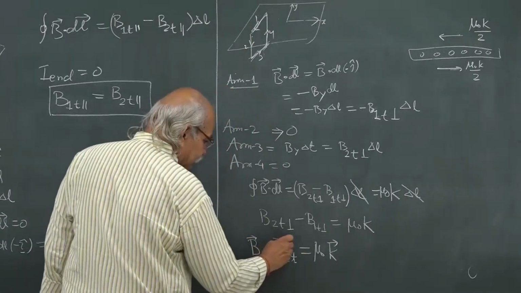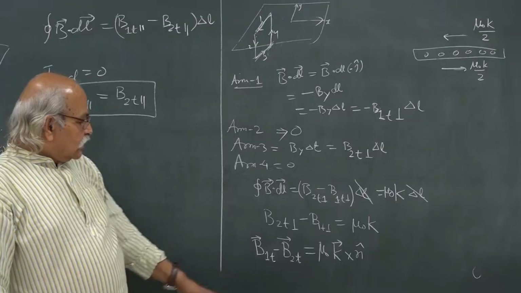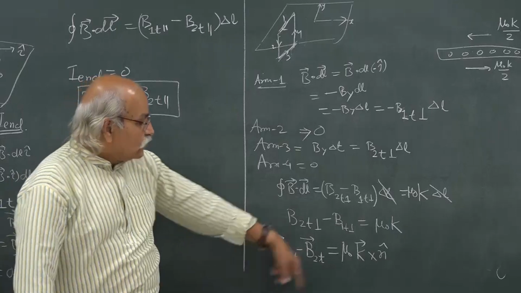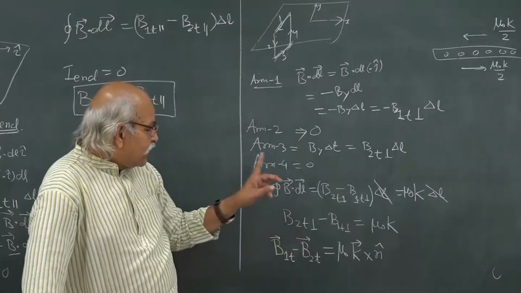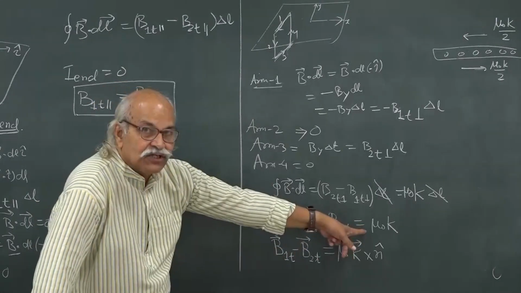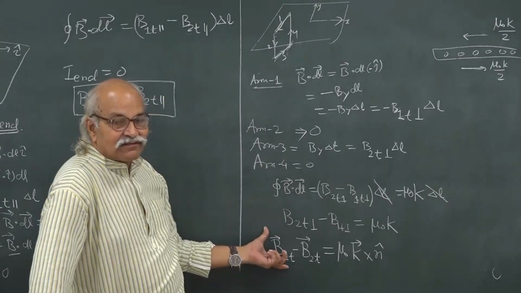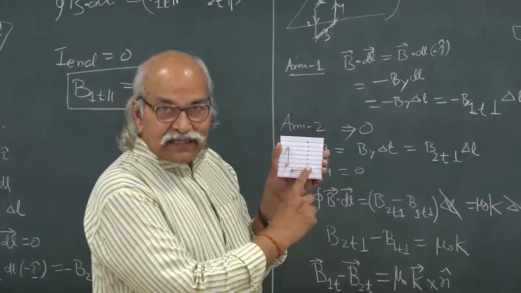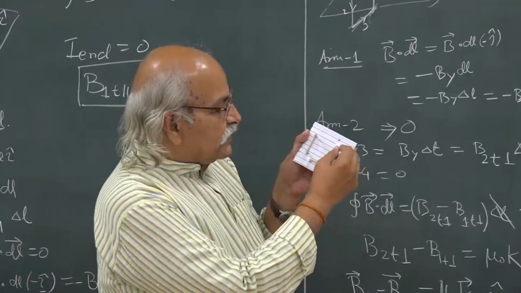cross n cap. Okay, the component parallel to the current does not change, right? For components parallel to the current and parallel to the surface, that does not change. Therefore, if I say that this is the net component in the tangential direction, that means I do not take only the component parallel to the current, or only the component perpendicular to the current, but I take something in between.